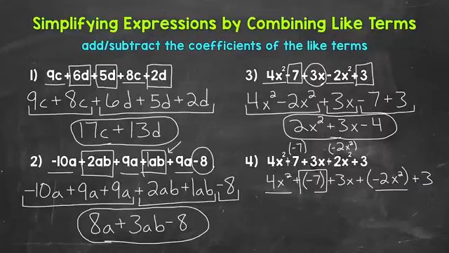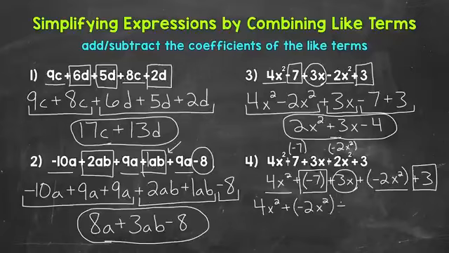Then we have negative 7 and 3, and then 3x. Now let's rewrite this expression with the like terms next to each other. So we have 4x squared plus negative 2x squared plus 3x plus negative 7 plus 3.